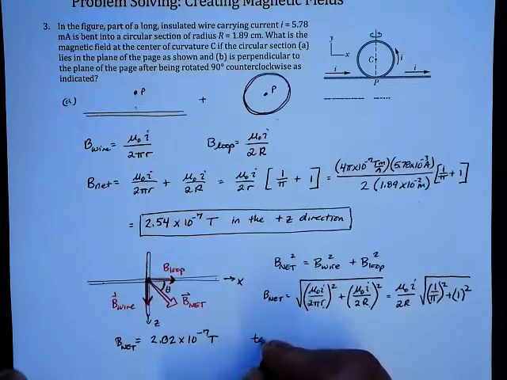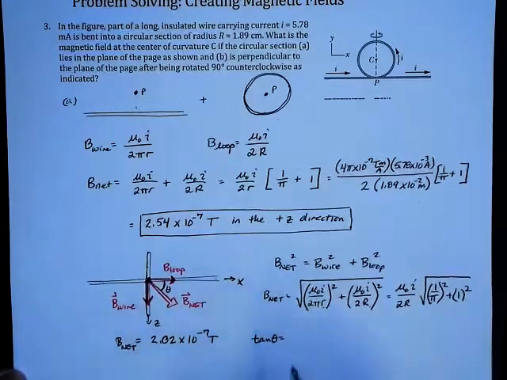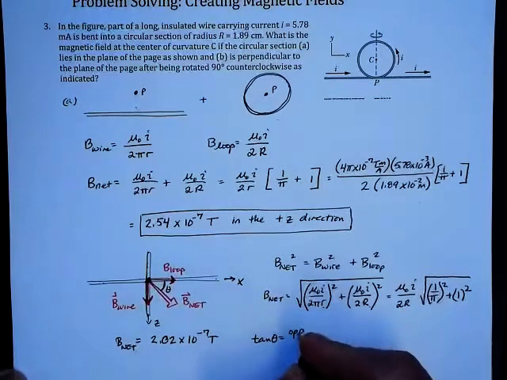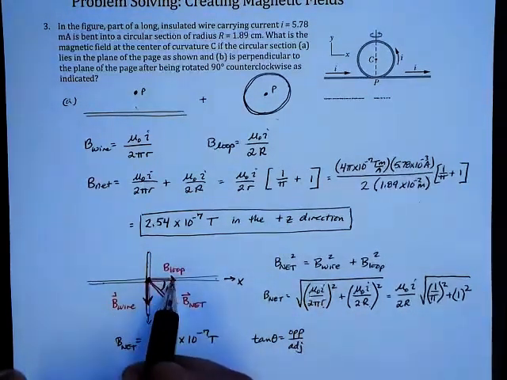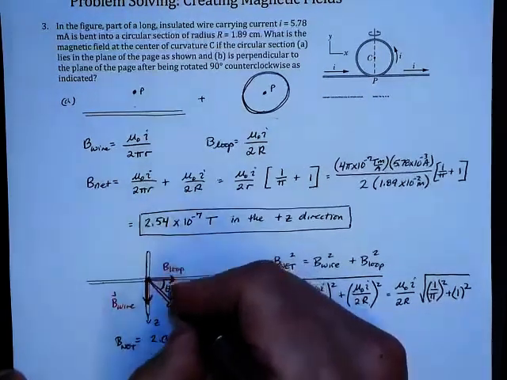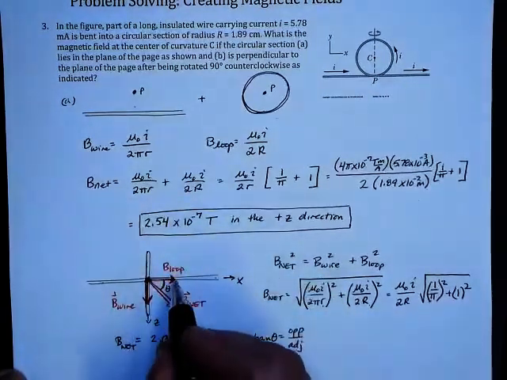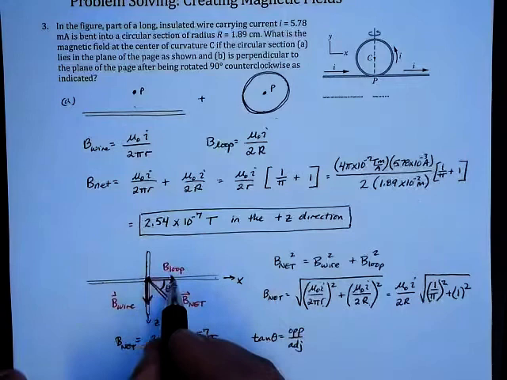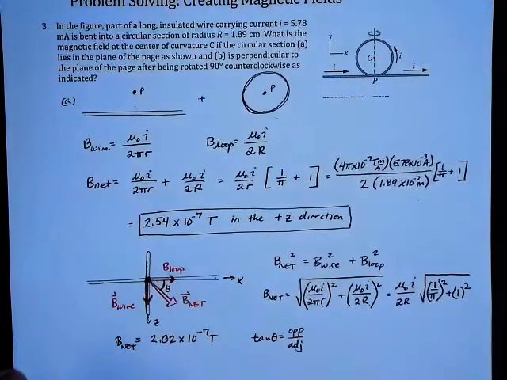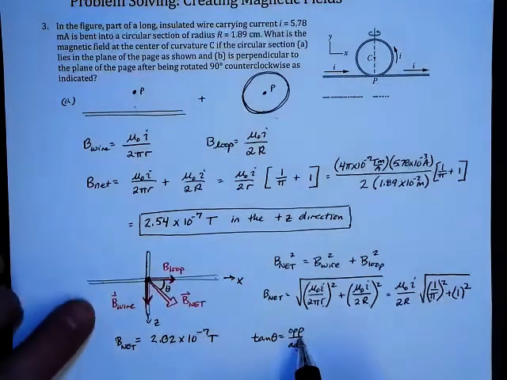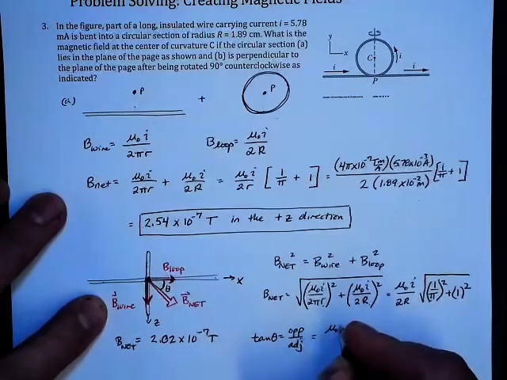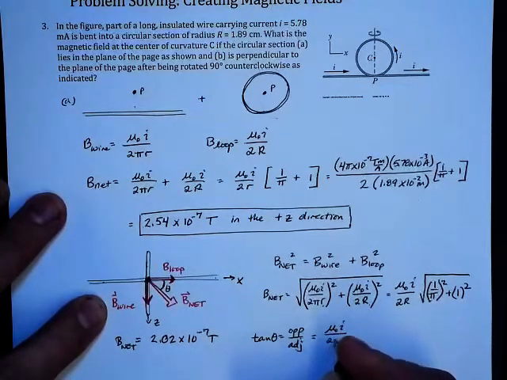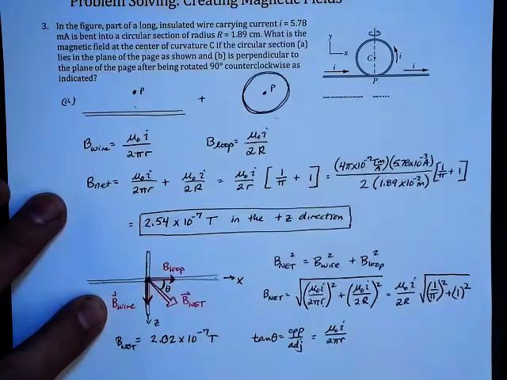The tangent of theta is equal to the opposite over the adjacent. So here's the opposite side of the triangle. If I moved B wire over here, oops, I'm sorry, B wire would be the opposite side of the triangle. B loop is the adjacent side of the triangle. So the opposite would be B wire. That's mu 0 I over 2 pi r.